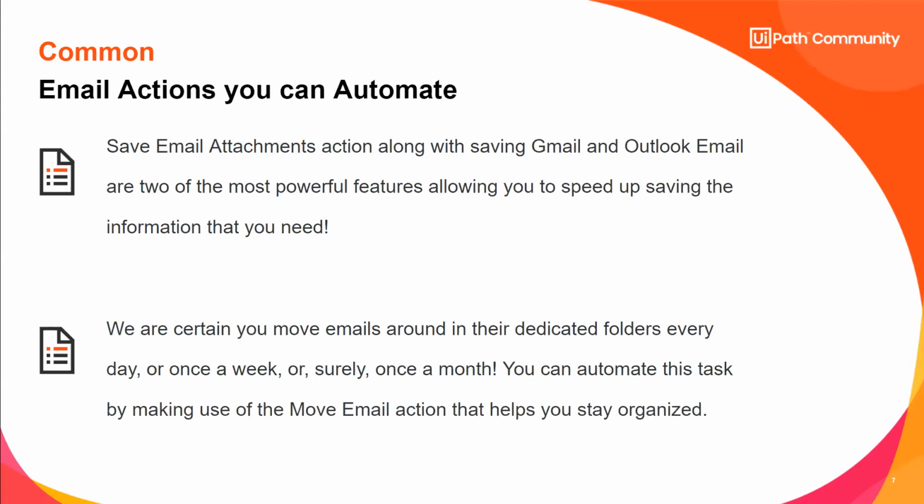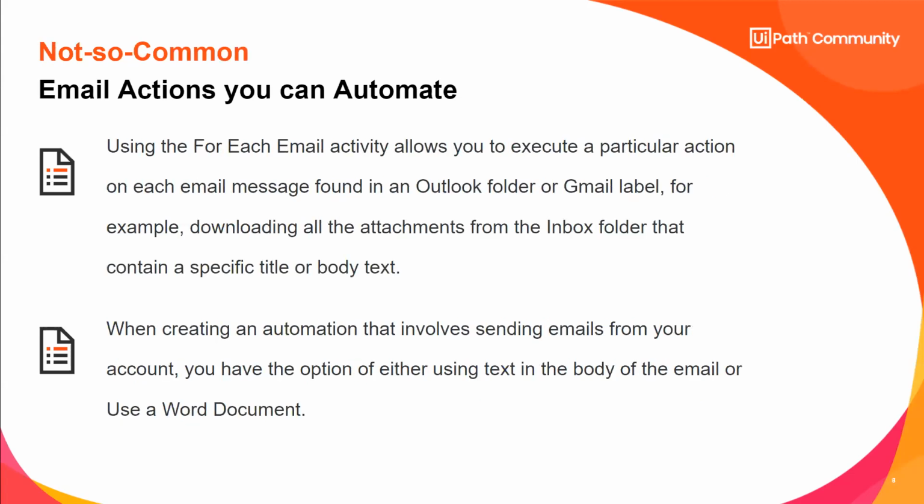We could also move mails around. For instance, you have a scenario where some mails need to be archived into a certain email folder. You could also automate that. These are very common email actions that we can automate. Apart from these, there are other, a bit complex ones, not so common. For instance, you have a scenario where every day you get to work, you go to a particular email account, and there is a set of actions you need to do for each of those mails.